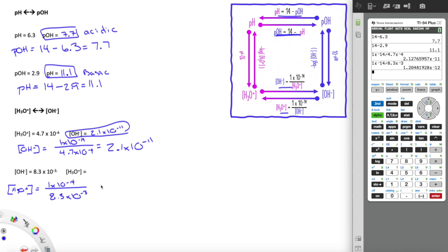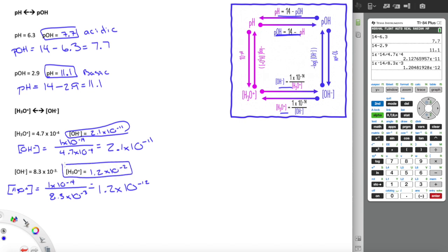And that gives me a hydronium ion concentration of 1.2 times 10 to the negative 12. And there we go. And again, when we write these concentrations, their units are really molar, so we can write a capital M after these concentrations. All right, I hope this was helpful. Let's continue on.